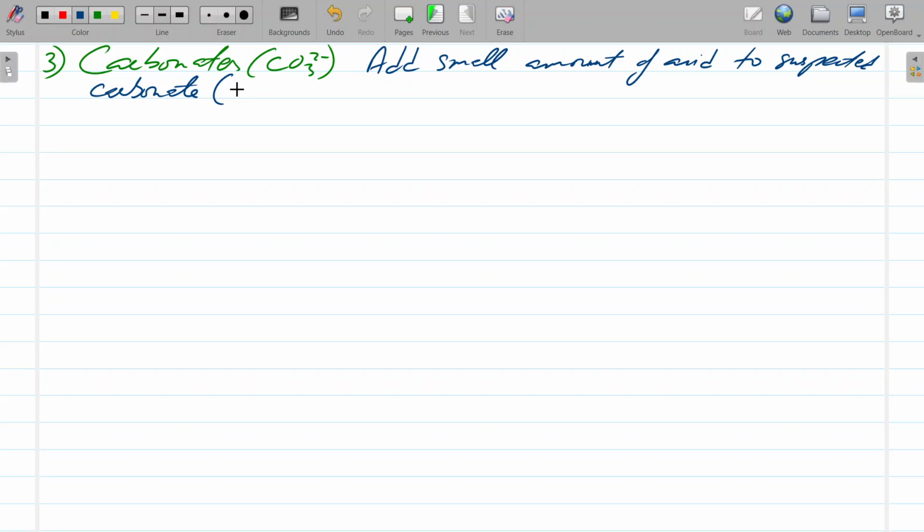And the carbonate can either be a solution or it can be a solid. Both work. And what you're going to notice is effervescence of carbon dioxide gas.